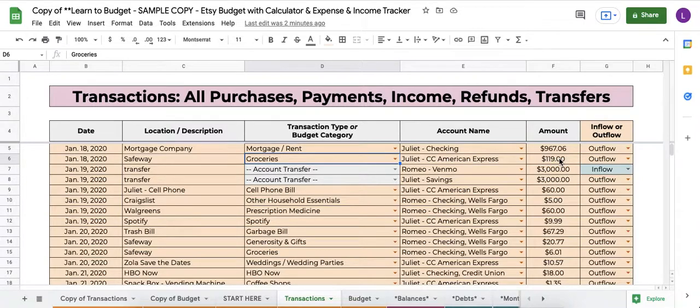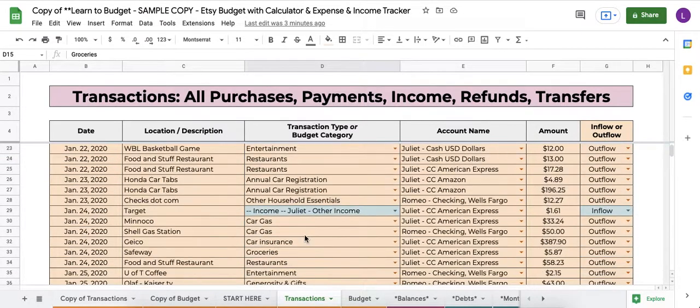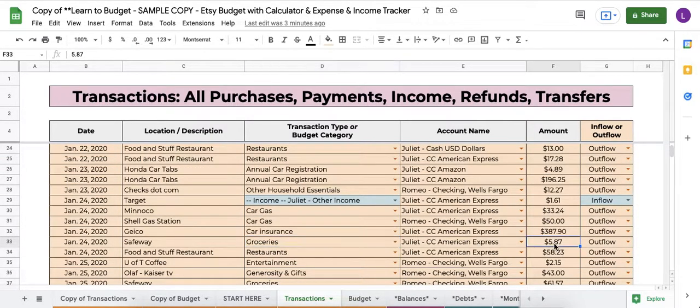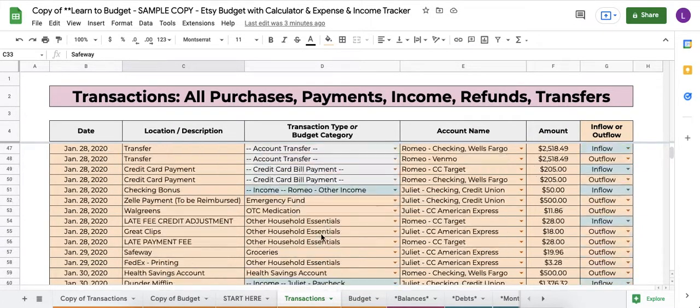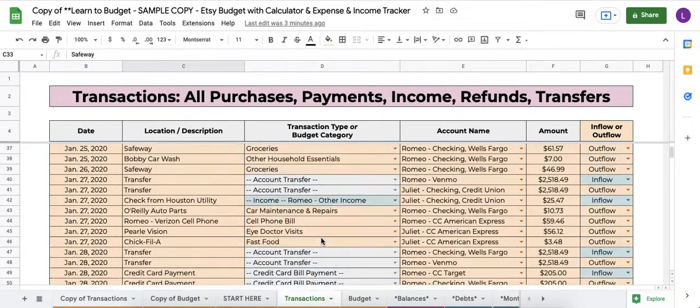So I spent $119 on January 18th on groceries, and then, on January 20th, I spent $6 on groceries. Oh, and then I spent some more, $5.87 on groceries, etc. There's probably a few more transactions here that say groceries.